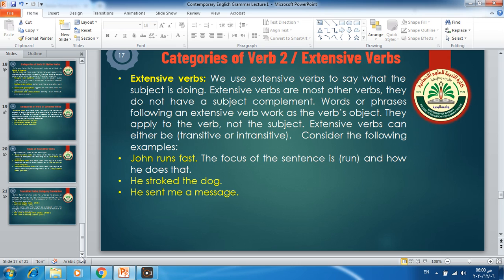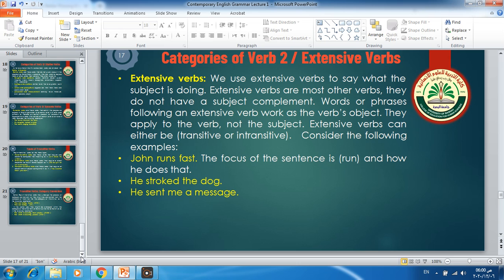Extensive verbs can either be transitive or intransitive. So in the case of intensive verbs, we said that they are intransitive, so they don't need objects. However, the extensive verbs can be both, transitive or intransitive. So consider the following examples. John runs fast. So here the verb run is an intransitive verb. We don't have an object. So it is intransitive.